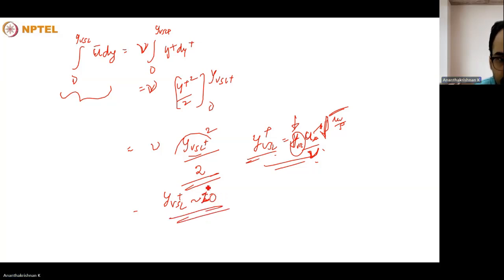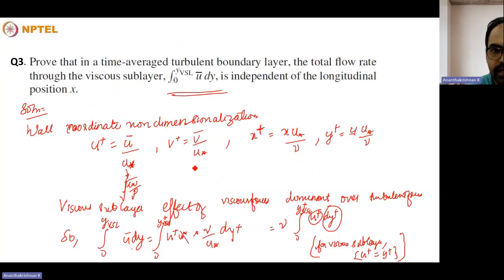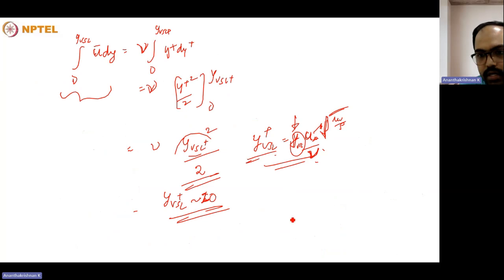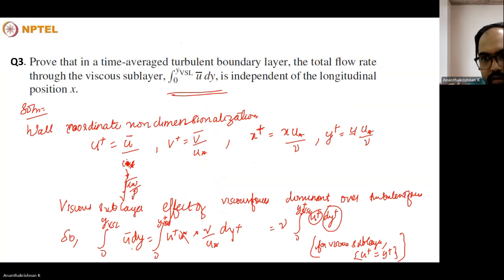So that's why we could say that this particular integral is independent of x. When we integrate it with respect to y VSL, there is no term that shows that this is dependent on x. Though y will vary with respect to x, y VSL plus will not vary. And therefore, we can say that this integral is a constant.